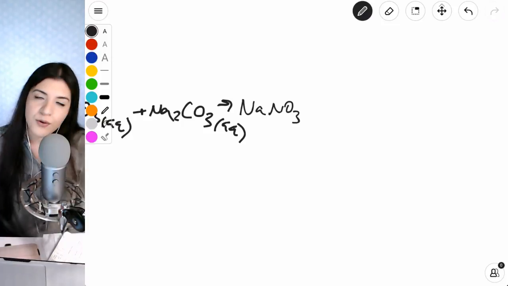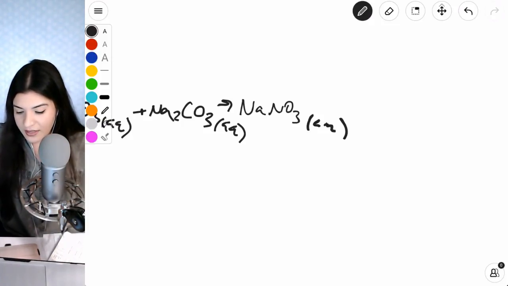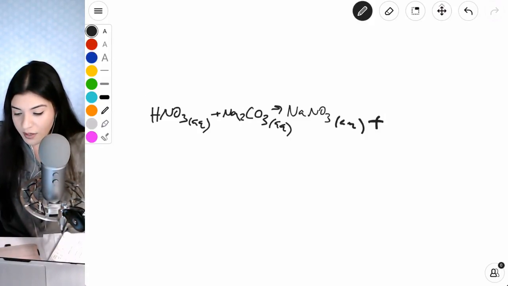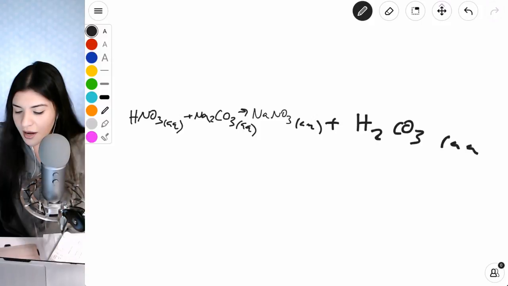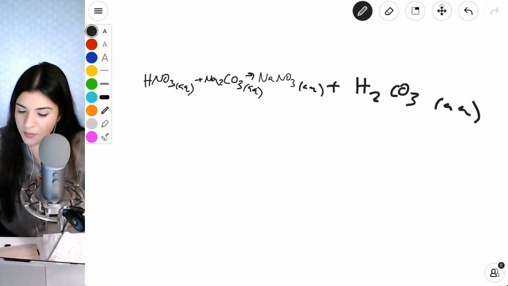And then NaNO3, NO3 is nitrate, so that's always aqueous. And then this would have formed a product of carbonic acid, H2CO3, and that actually would have also been aqueous. But that's what possibly could have happened.